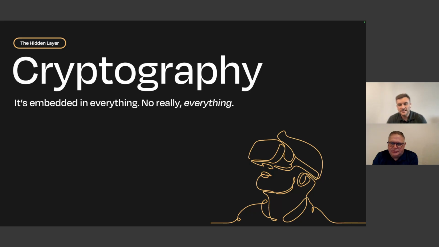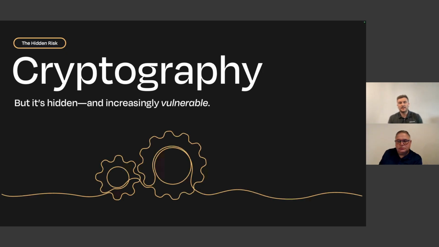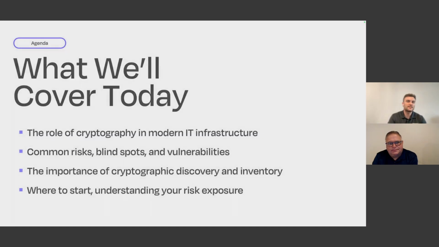But because it just works, it's often assumed to be secure, until it's not. That assumption, that silence equals safety, is what makes it so risky. But it's not just hidden, it's also aging, and as it ages, it's becoming increasingly vulnerable. That's exactly what we're here to talk about today: to dig into what lies beneath the surface and how to address that hidden risk.